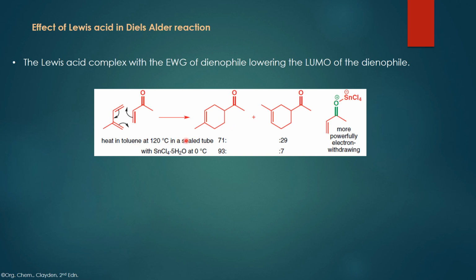And we can say that without a Lewis acid, here it is heated in toluene, that's not a Lewis acid. So in the absence of Lewis acid, the ratio is 71:29. In the next video we will discuss the regioselectivity of Diels Alder.